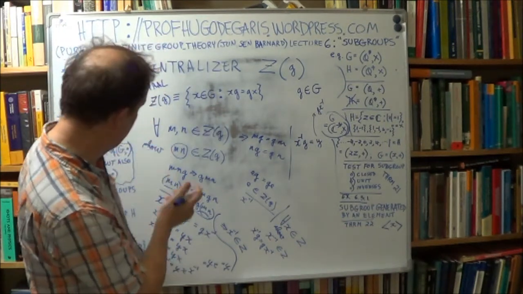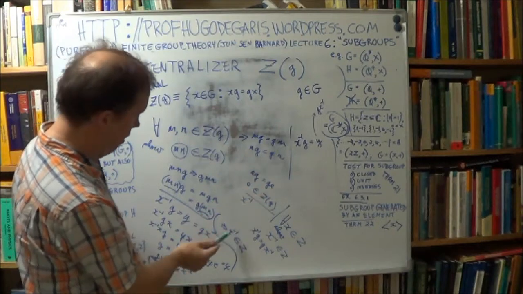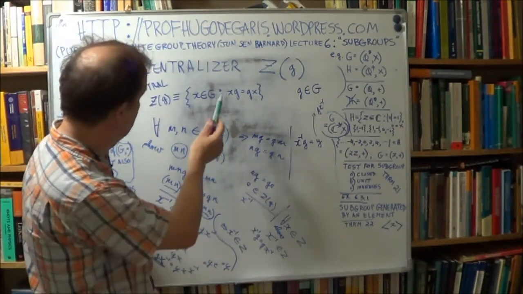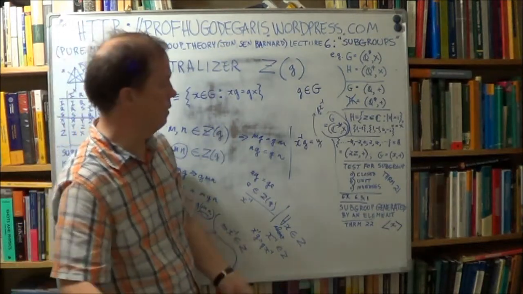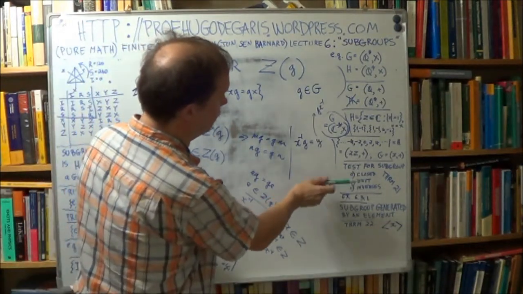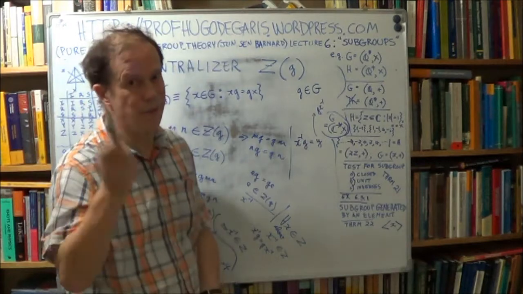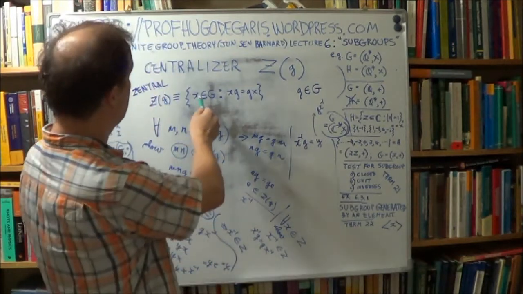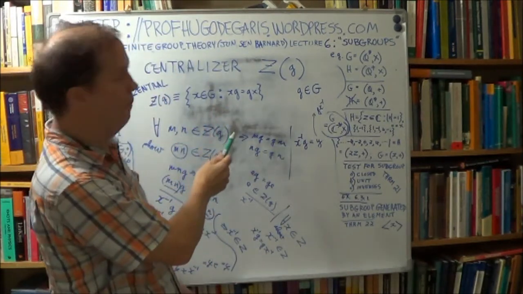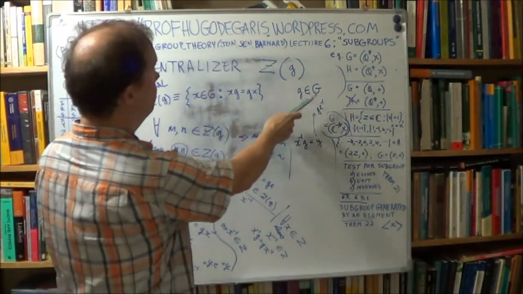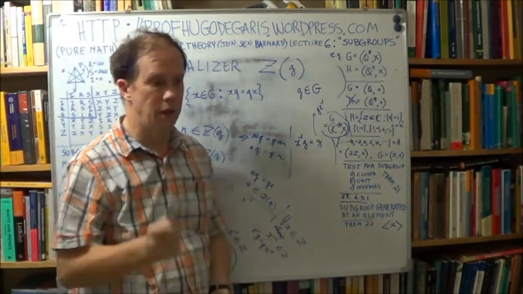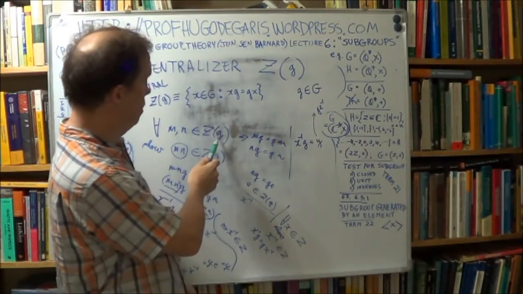So for each x, you have an inverse that also belongs to the set. And therefore you have all your inverses. So you've done all three: it's closed, you've got the unit, you've got the inverses. And therefore this set, the centralizer, is a subgroup of your group G. And that's true for any g.